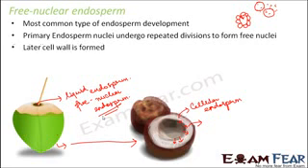Gradually cell walls are formed and start to enclose these free nuclei. So the number of free nuclei tends to decrease, and cellular endosperm starts to form. As a result, endosperm becomes cellular. This is how endosperm is formed from primary endosperm nuclei. So I hope this concept is clear.